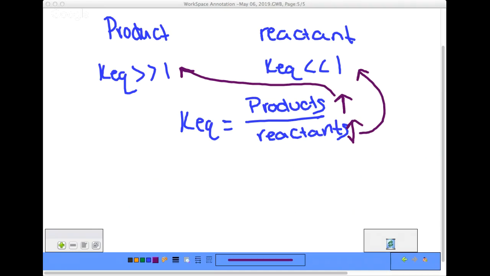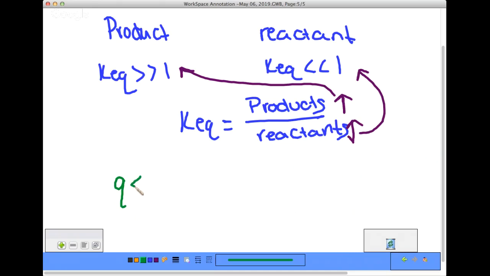Okay, Logan, if you're comparing KEQ and Q, say that you're given KEQ and you're comparing it to Q. You calculate Q, and again, Q is the reaction quotient, so that's at any point in time.